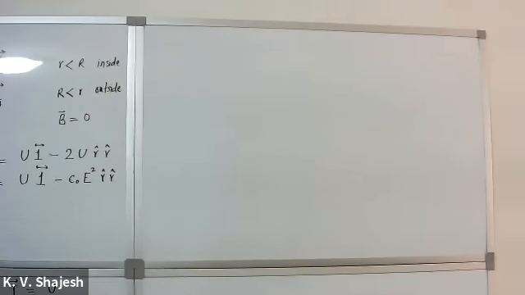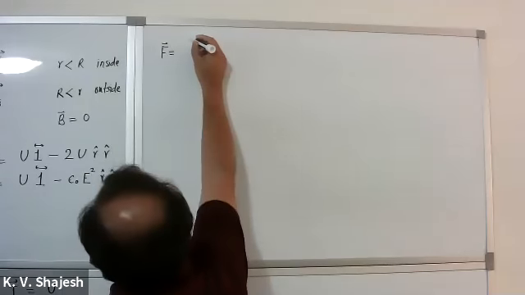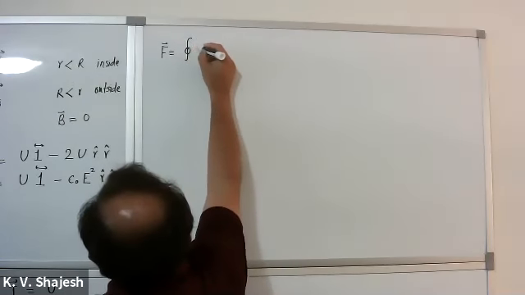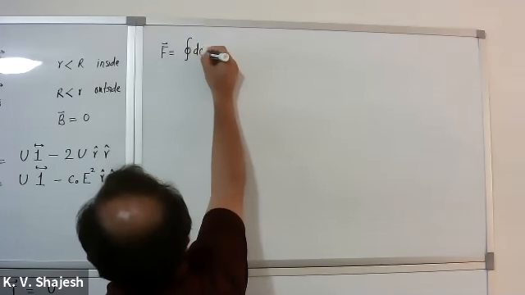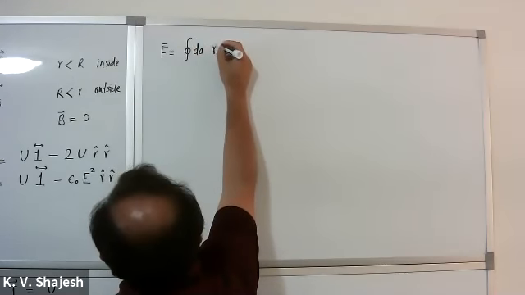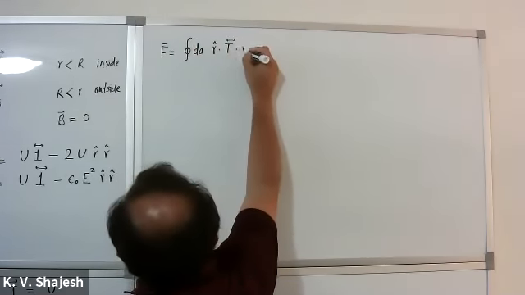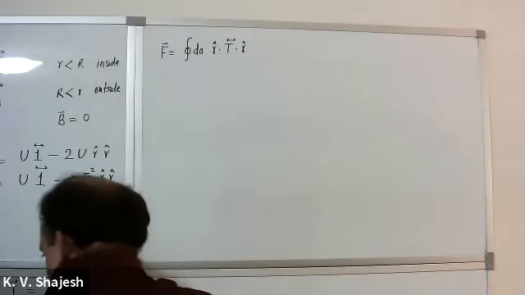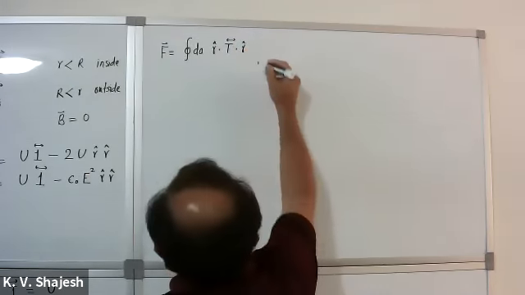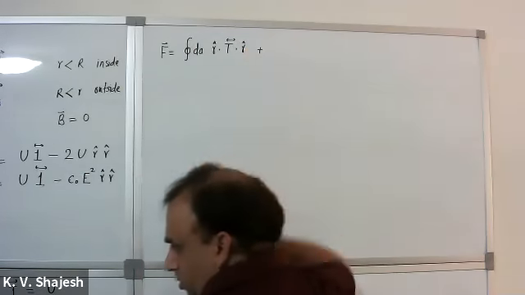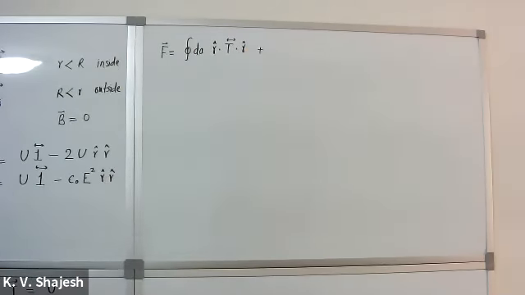Okay. So the force is again, rewriting that expression. There is a surface integral of dA times r hat with T r hat, and there is a volume integral. Oh, there's a minus sign there, right?